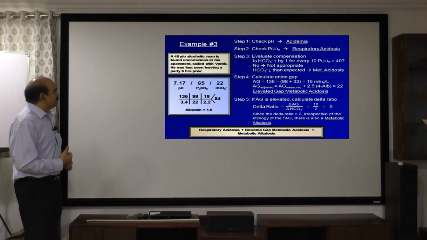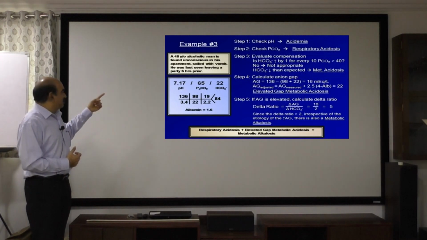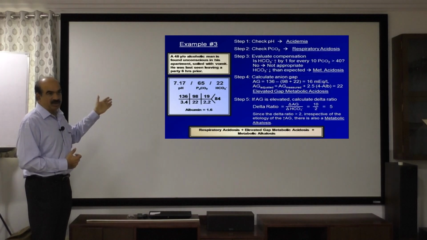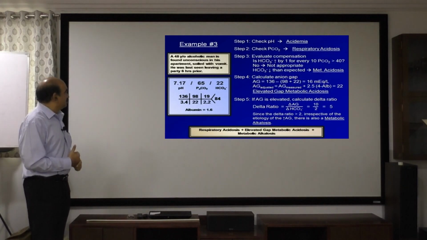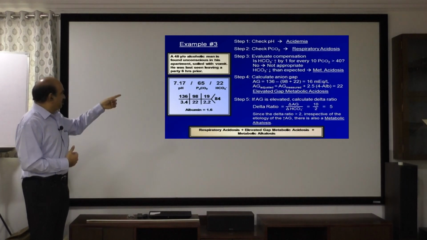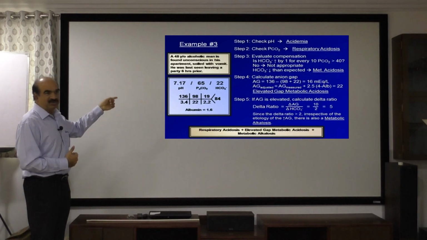So step 1, pH 7.17, acidosis. Is the acidosis metabolic or respiratory? Bicarb is low, but PCO2 is high. Is it metabolic or respiratory?